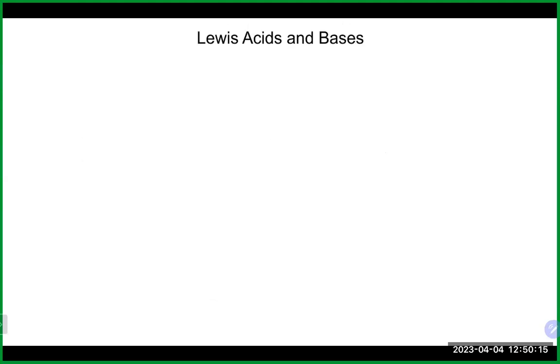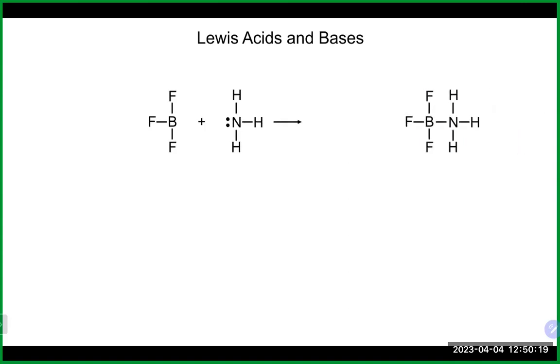The usefulness of Lewis acids and bases is in a situation like this, where there is no transfer of a proton. Because there's no transfer of a proton, you can still apply acid-base chemistry to this using Lewis's definition. Boron, as you might be familiar with, is like our incomplete octet, right? It has less than 8 electrons. It is electron deficient, which means it wants to accept electrons.